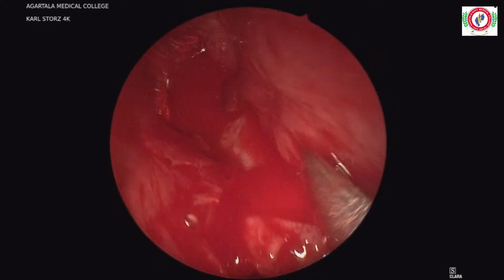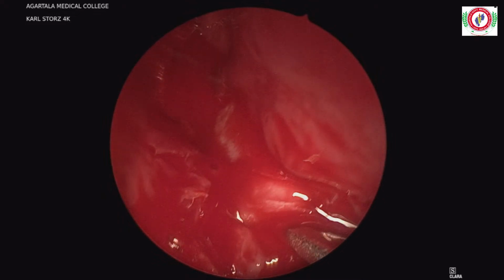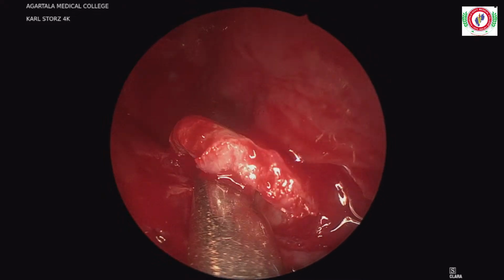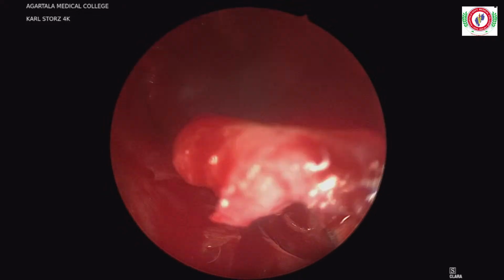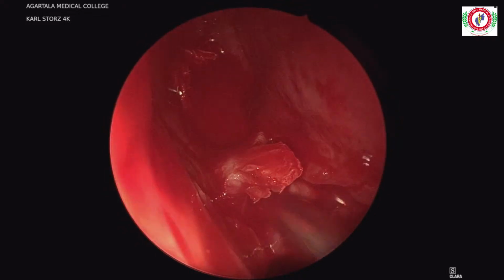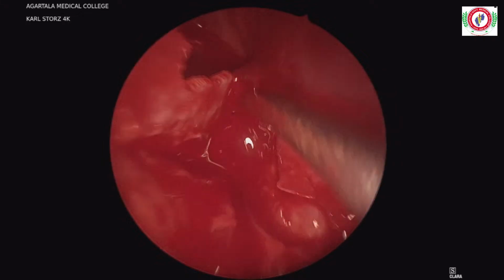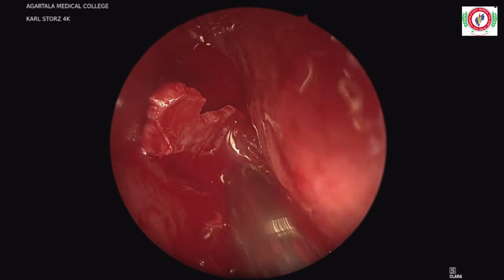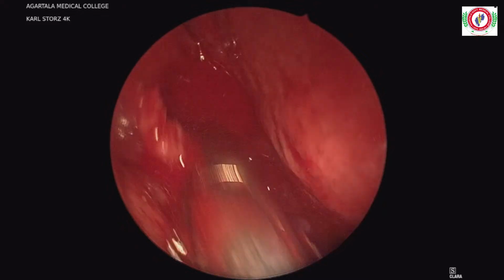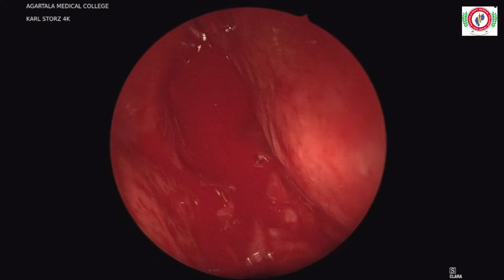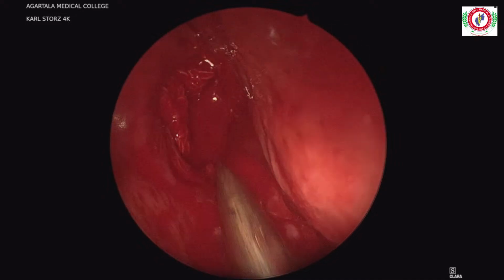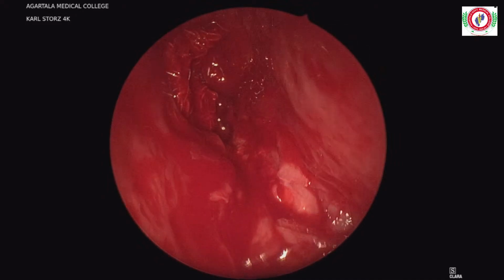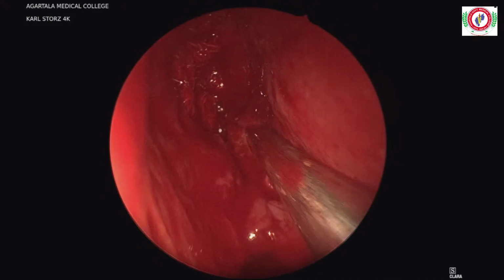So if you combine with the posterior part, then it becomes endoscopic medial maxillectomy. Okay. So actually I am not very good with the terminology here. I am a simple surgeon, so I don't know these hi-fi terms like pre-lacrimal, and I am just trying to remove the spur here.